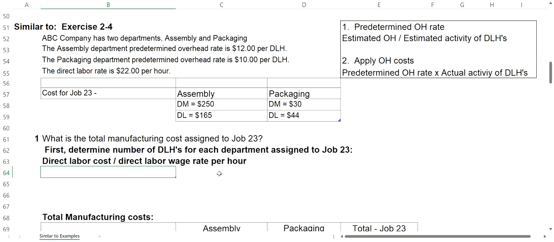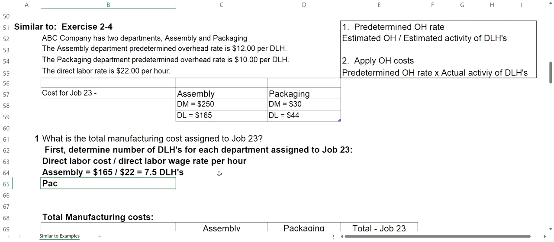Okay, so in this case, we'll do assembly first. If you look up above, the direct labor cost for assembly is $165, and we're given the direct labor rate is $22. So that means 7.5 direct labor hours are the actual direct labor hours for job 23 for assembly.